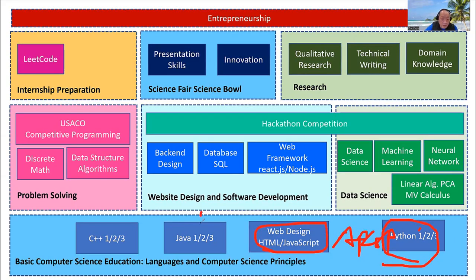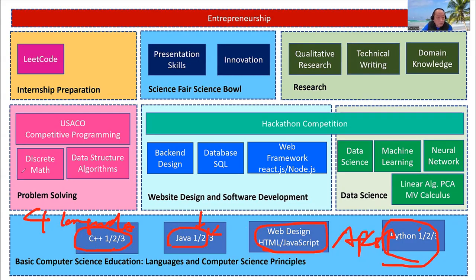Now we are on APCSA, which will cover Java 1, 2, and maybe a little bit of Java 3. Later you still need C++ 1. So we try to make you four-language ready before going into college.